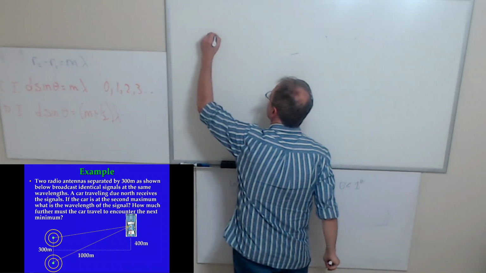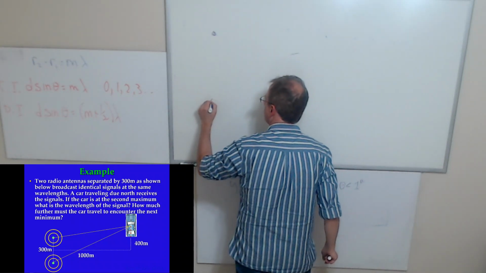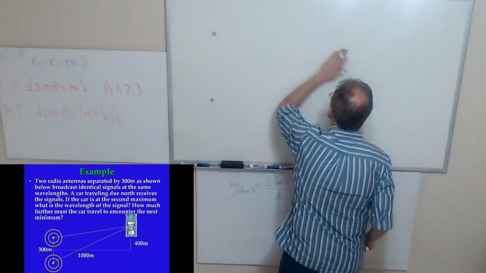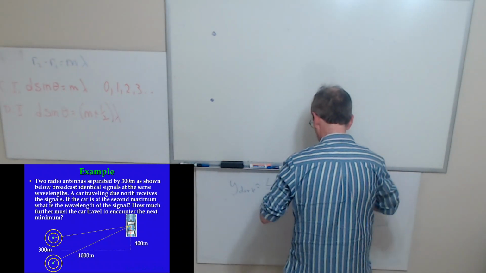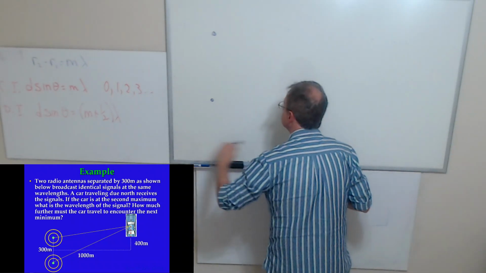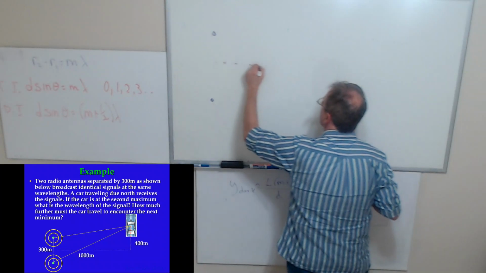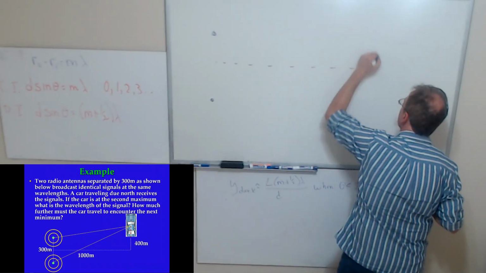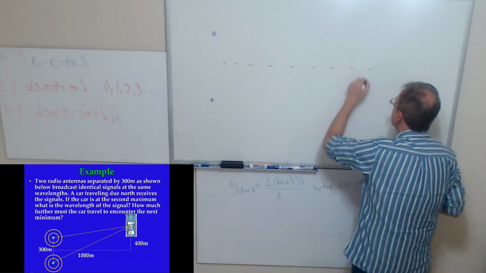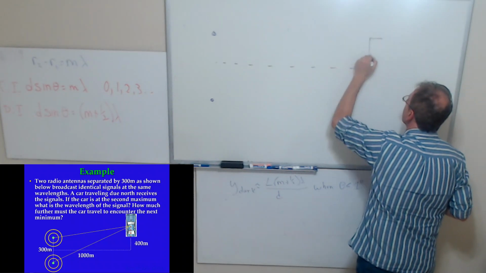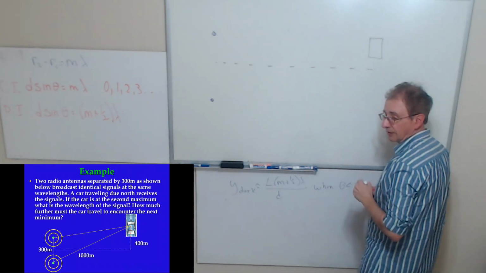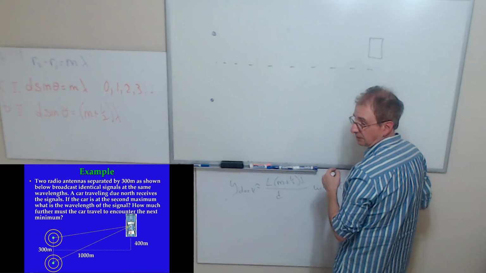So I have a source here. I have a source here. And I have a vehicle over there. Actually, let me draw that better.